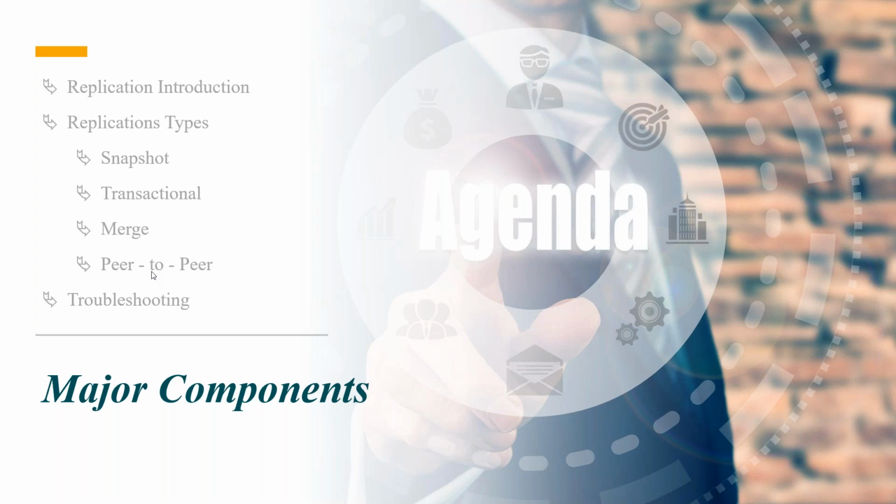The terminology whatever you call in P2P is also quite different when you compare with snapshot, transaction, merge replication. So when you are configuring replication with P2P replication, you may also call it as HADR. Someone will also call it HADR, sir.